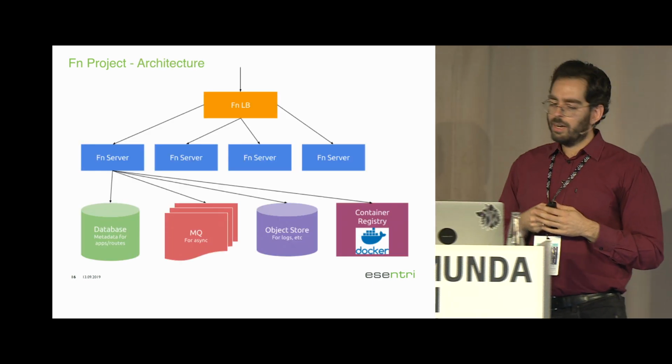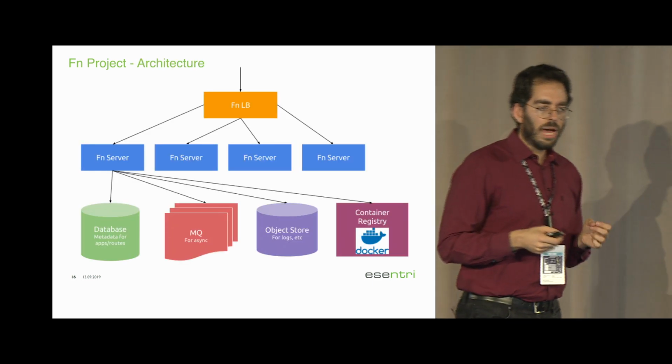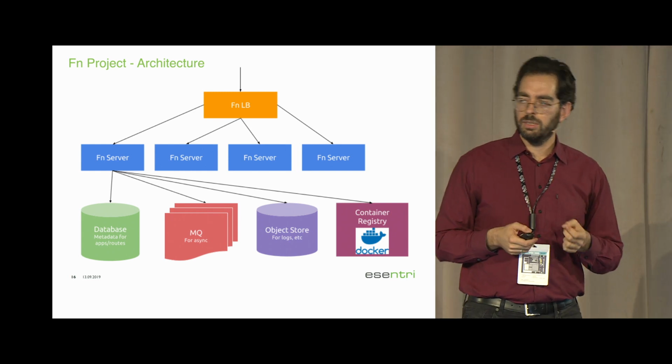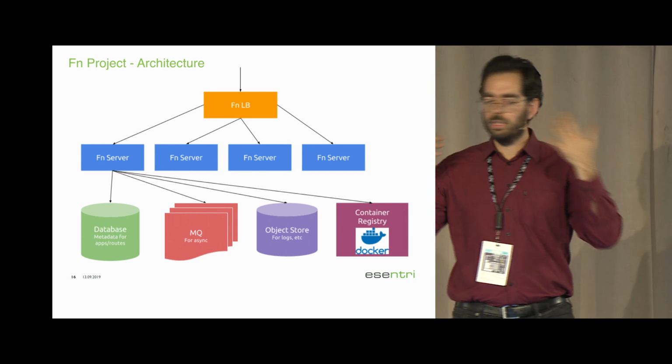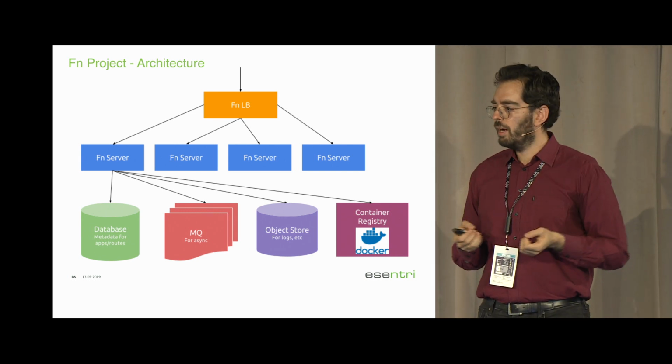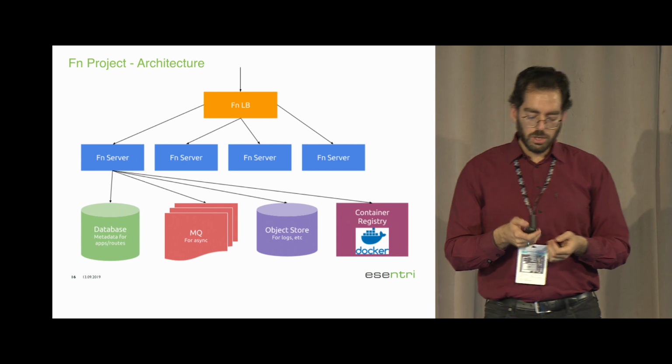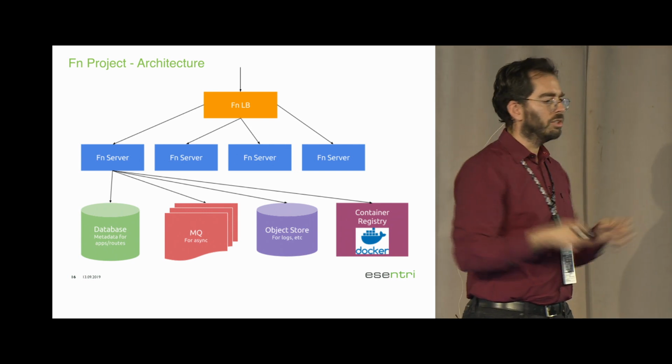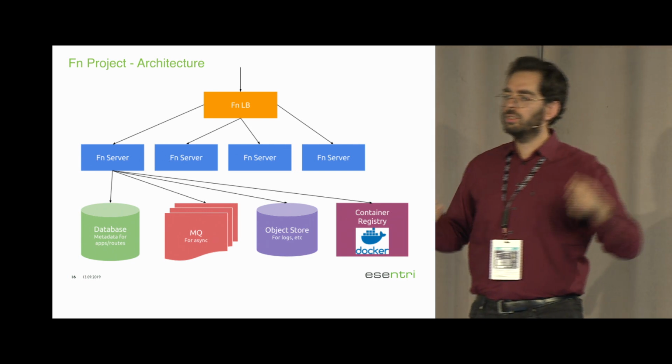So that's the architecture. We have a load balancer, which is kind of a gateway, so that you can call the functions using an API. And then you have some Fn servers, which are runners, which will start your functions on the fly.